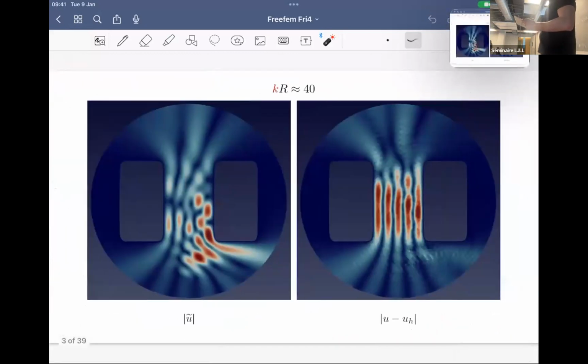So here kR, because again this is the non-dimensional quantity, I'm writing approximately equal to 40. So k is chosen to be the near resonant value of k that's closest to 40. We didn't write down the exact k because it would have lots of decimal places. Here we have our reference solution.